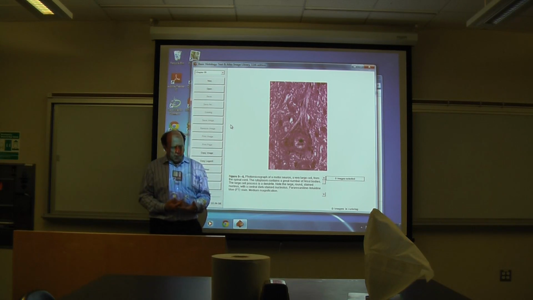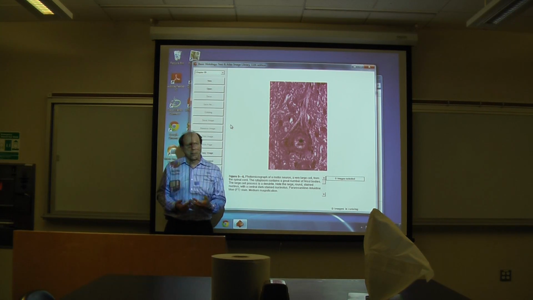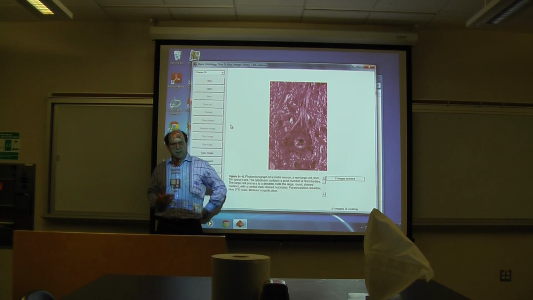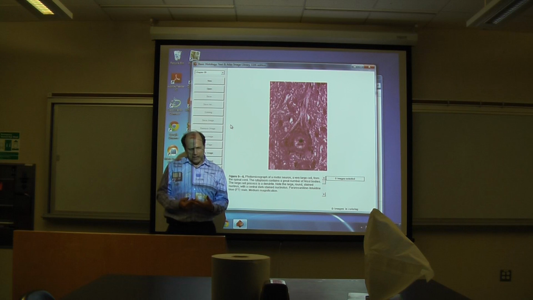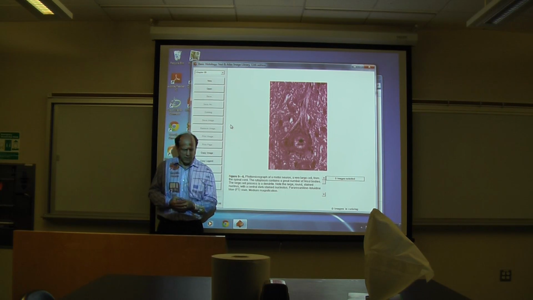So a Nissl body turns out to be just a bunch of rough endoplasmic reticulum. If there's a lot of rough ER inside of a cell, that gives you a purplish stain in some of the staining protocols, and so they called that Nissl bodies. Probably there was some researcher named Nissl that saw this.